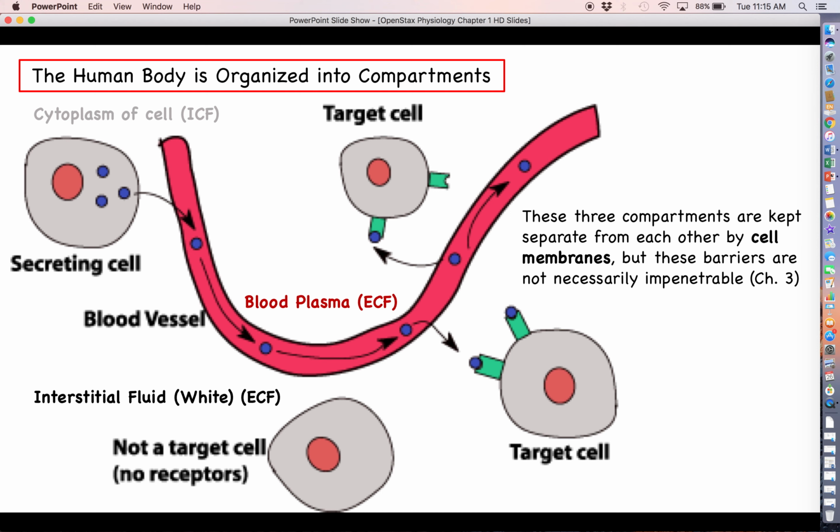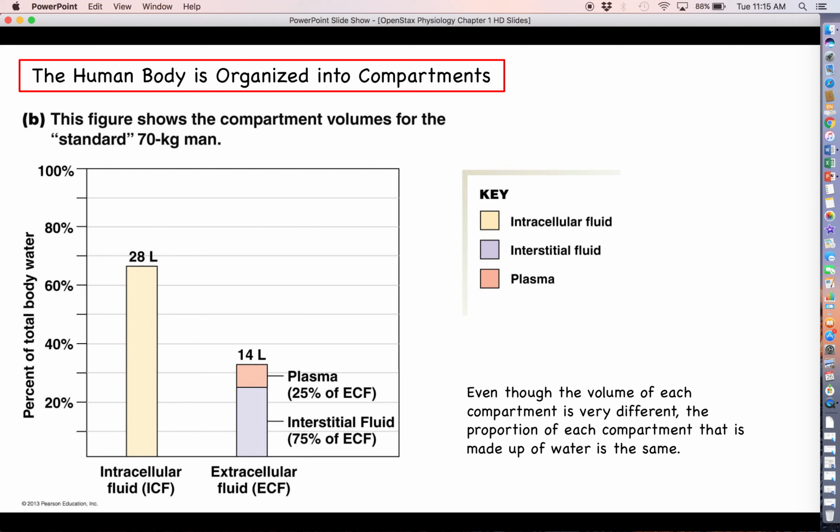There are going to be ways and mechanisms that certain things can cross from one compartment to another. It's not necessarily like locking up valuables in Fort Knox. So we're going to have ways of going from one compartment to another.